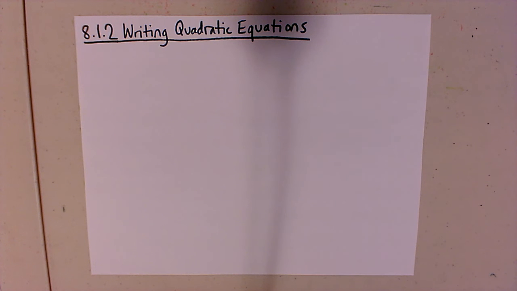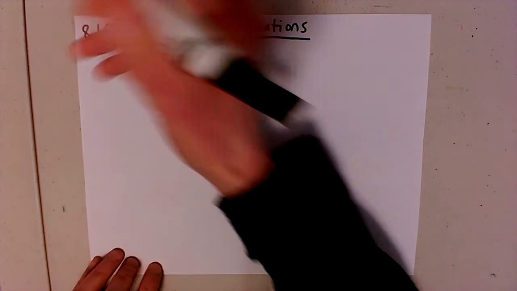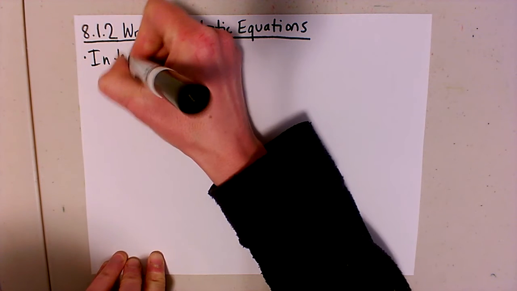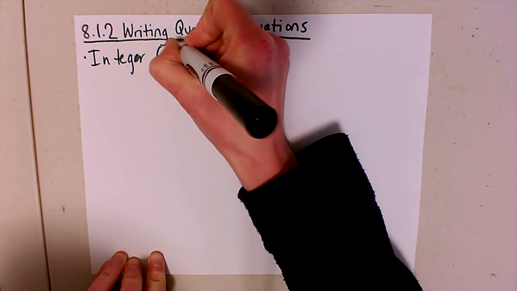So if you're following along with the PDF, our objective is to write a quadratic equation with all integer coefficients that is equal to 0 if the solutions are given. So a few key things right there: we want these to have integer coefficients.